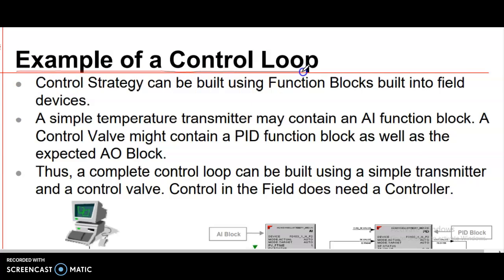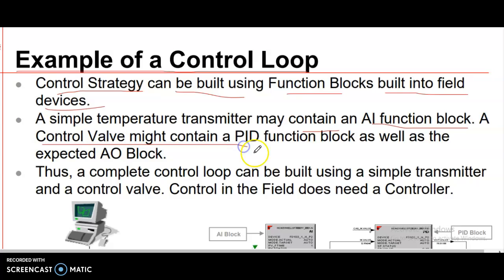Example of a control loop. Control strategy can be built using function blocks built into field devices. A simple temperature transmitter may contain an AI function block. A control valve might contain a PID function block as well as the expected AO block, analog output block.